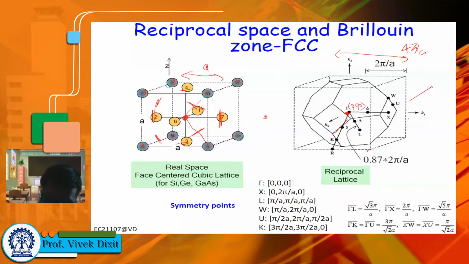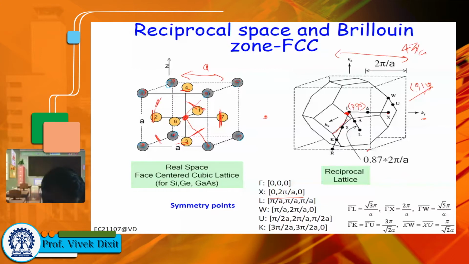And this X is, you can say 1, 0, 0, or because this is y, you can write 0, 1, 0, right? Now what is the distance? It will be 2 pi by a, right? So your X coordinates will be 0, 2 pi by a, comma 0, right? Because y and z are 0, only the x direction is there, it is 2 pi by a.